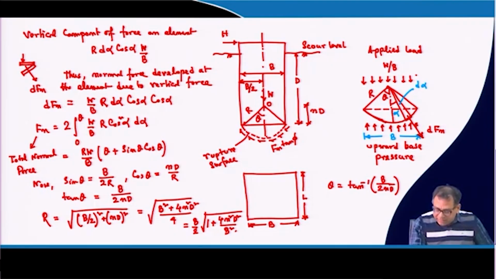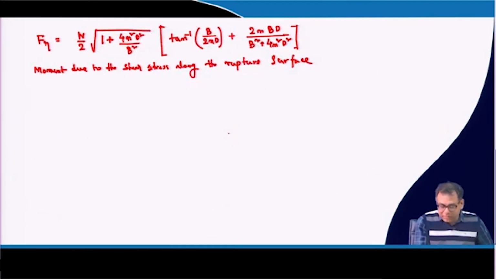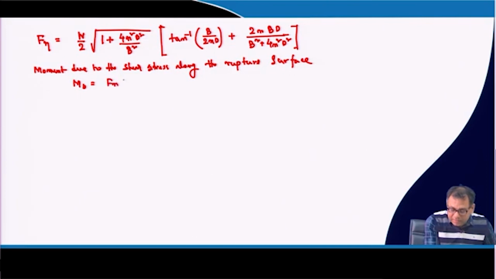Fn tan phi into r, r is the radius, and that radius is the same along the rupture surface. So that will be the moment. So this moment Mb will be Fn tan phi into r.